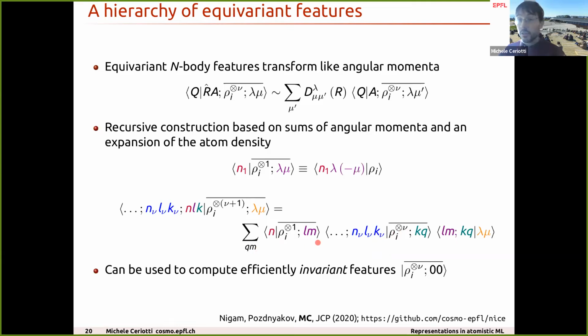This is just the coefficients of the density expansion, nlm, written in a way that highlights their symmetry properties. And you combine them with Clebsch-Gordan coefficients, which give you the way to recombine irreducible representations of SO3 to obtain new irreducible representations. And this gives you a recipe to increase the body order recursively in an efficient way.